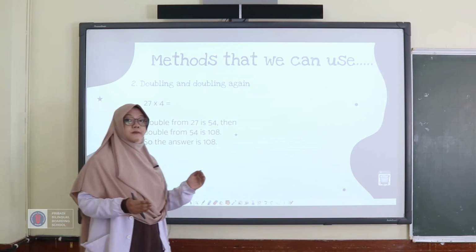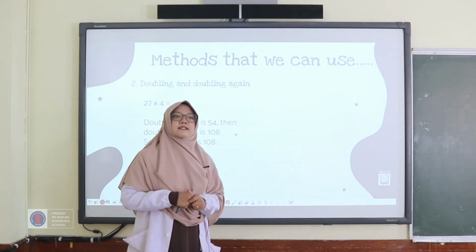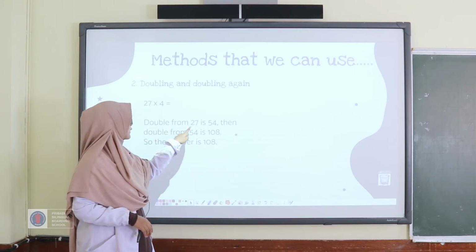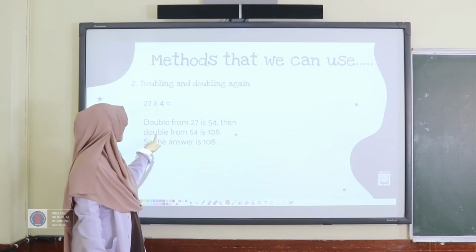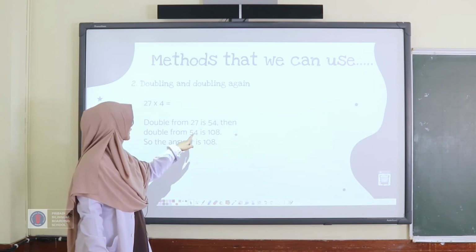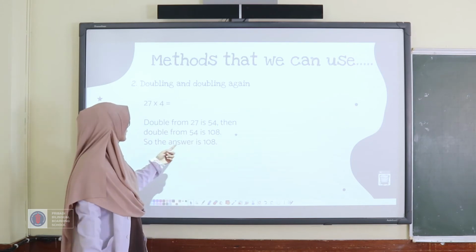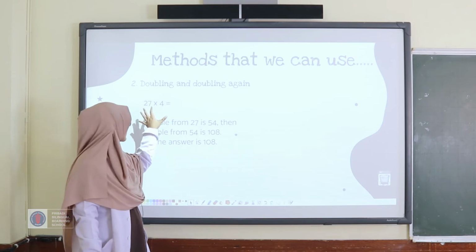As we already learned in the previous meeting about doubles, we know that double 27 is 54. Then double 54 is 108. So the answer is 108 for this question.